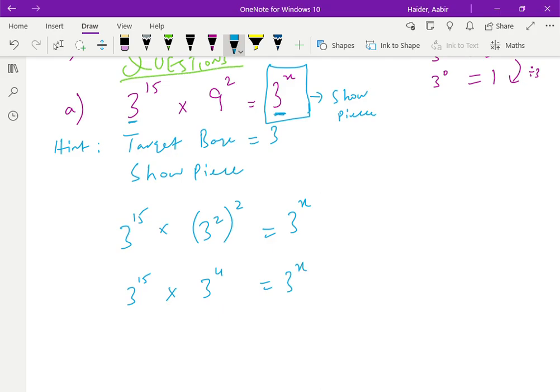In fact, you can apply the first rule and simplify the bases. If the bases are same, you can add the indices. So you are good to go with this. Once you reach this particular step, students, you can cancel out the bases and equate the indices. So you will have your answer like this. That would be your final answer for part A.